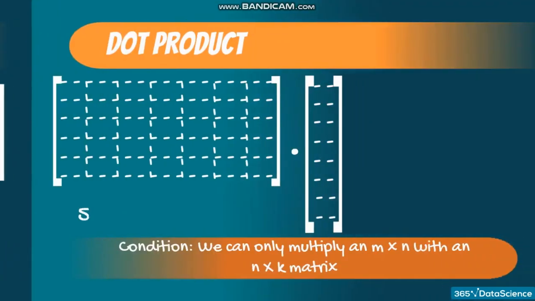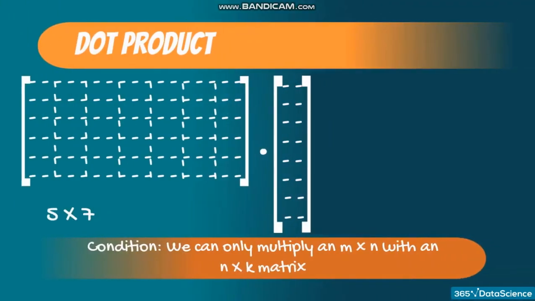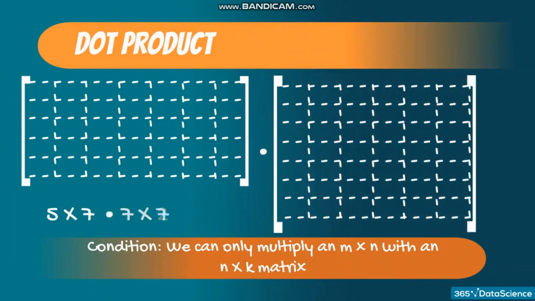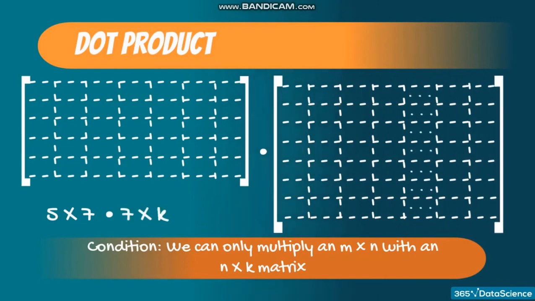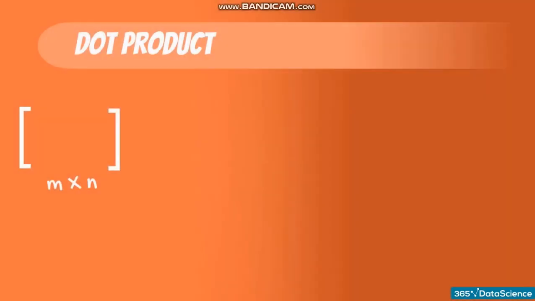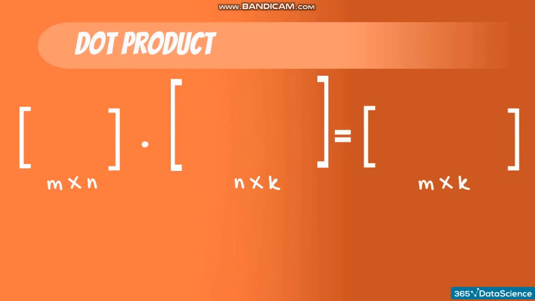Similarly, if I want to multiply a 5 by 7 matrix, compatible matrices for multiplication are 7 by 1, 7 by 2, 7 by 7, and so on. Okay, fair. What about the dimensions of the product itself? When multiplying an m by n matrix with an n by k matrix, the output is an m by k matrix.